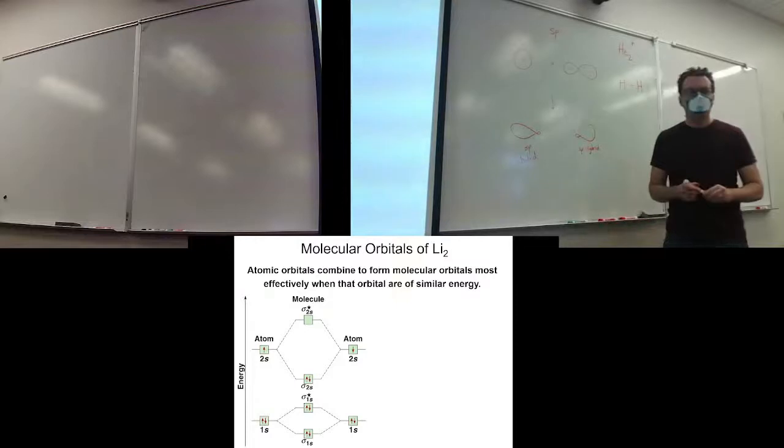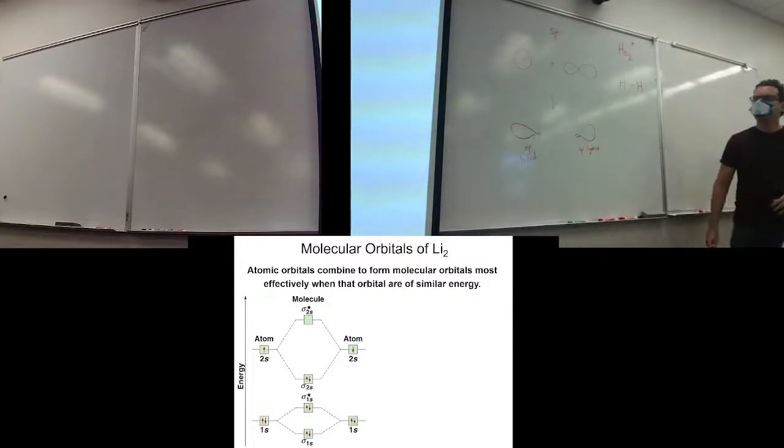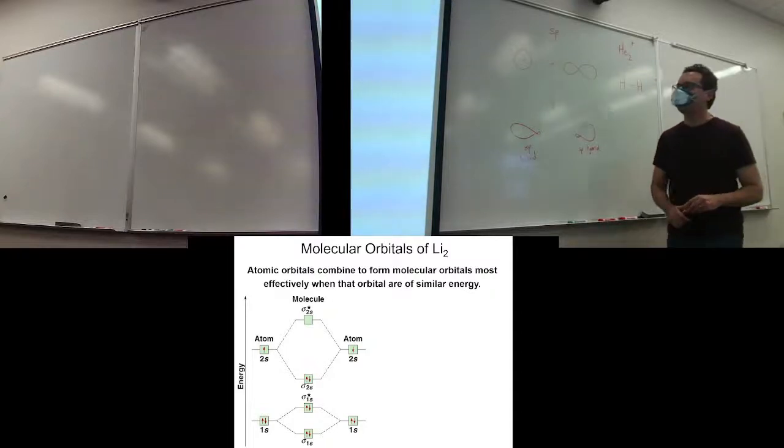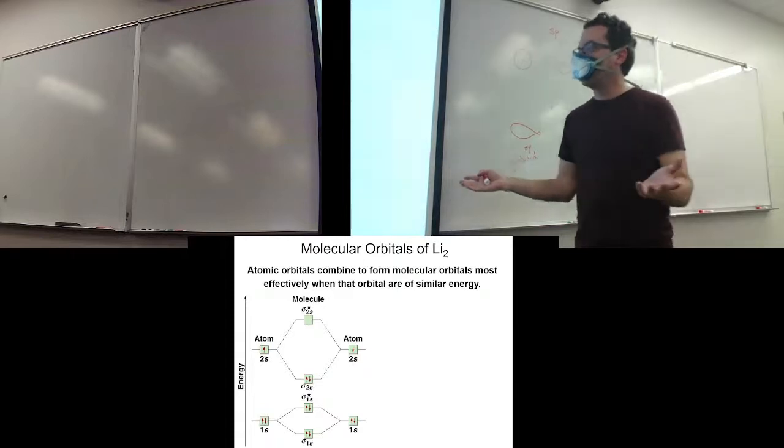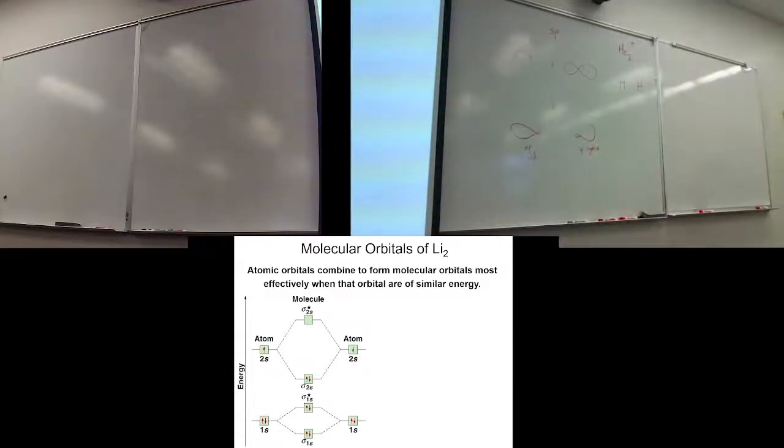So like I said, we can get more complicated. Here's, if you're a Star Trek fan, dilithium. 2 lithium atoms, can they make a bond? Well, you do the MO picture for it, and here are the inner electrons. We can kind of ignore those. They're always going to be net 0 if you do the calculation. So here are the valence orbitals, the 2s and the 2s, each with 1 electron.